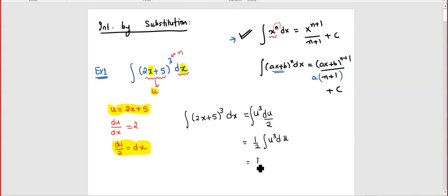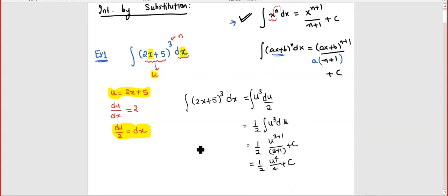So the answer will be u to the power 3 plus 1 over 3 plus 1, plus c, which gives you half u to the power 4 over 4 plus c. In short, you can write it as u power 4 over 8 plus c.